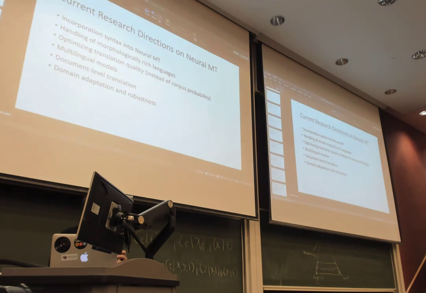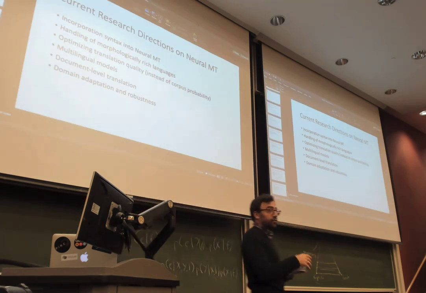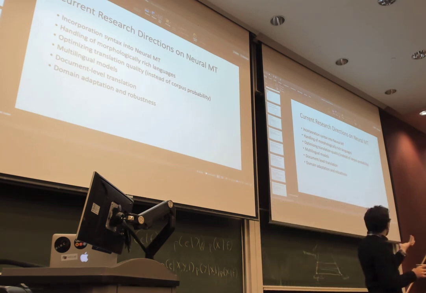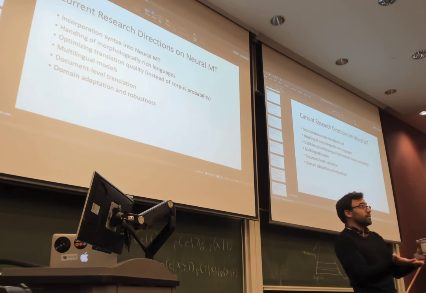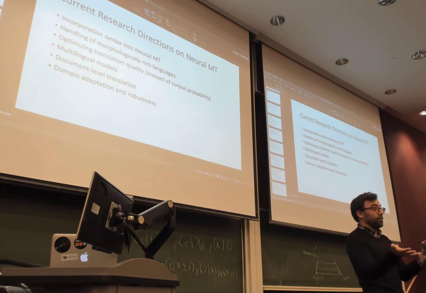Yeah, and I think the only other thing I have here is, as a future or very interesting research direction, how do you handle domain adaptation and different domains? So we have trained a model on a bunch of data that come from news translations or translations of Harry Potter.